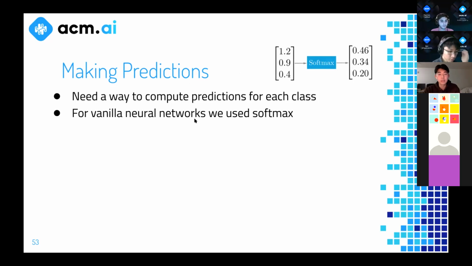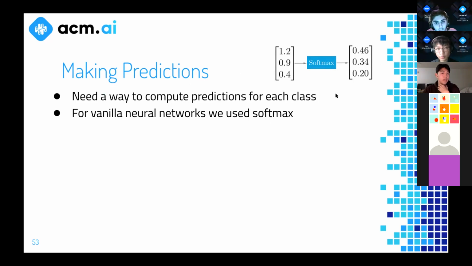For vanilla neural networks, we use softmax, where softmax maps our output vector to a probability of each class. Let's say we were classifying animals, with classes like dog, cat, lizard. We would be 46% sure that it's a dog, 34% sure it's a cat, and 20% sure it's a lizard.